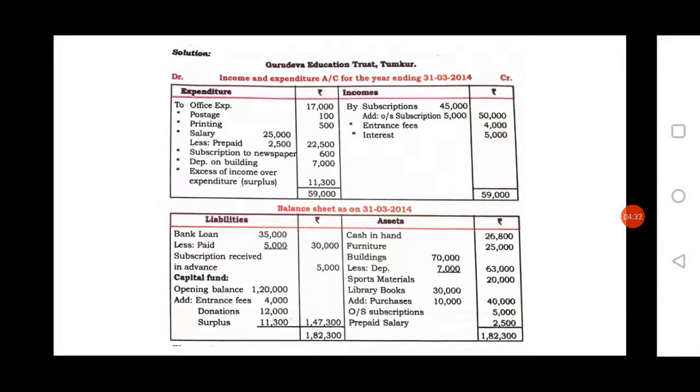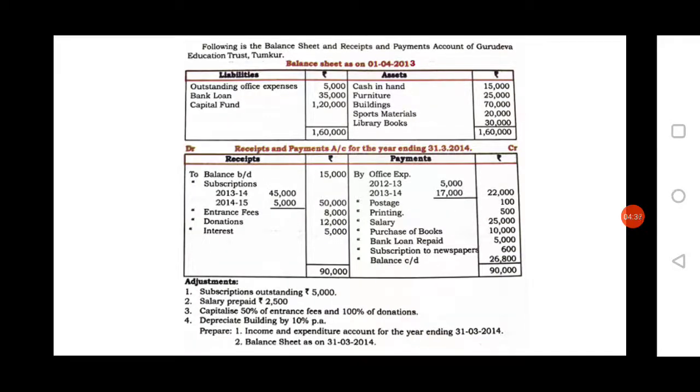Next, while recording the items in the income side, you have to refer to the receipt side items. In the receipt side they have given balance brought down, you have to exclude that balance. Next item in the receipt side given is subscription. Here they have given 2013 to 14 45,000, 2014 to 15 5,000.